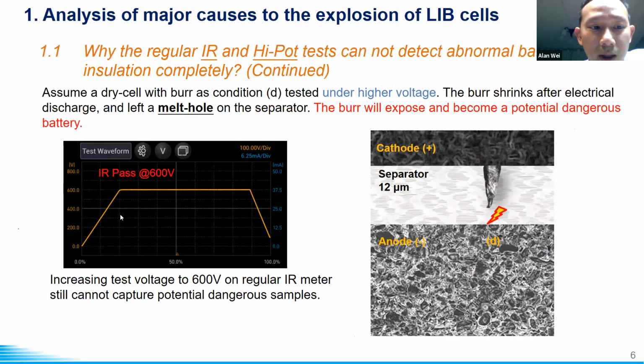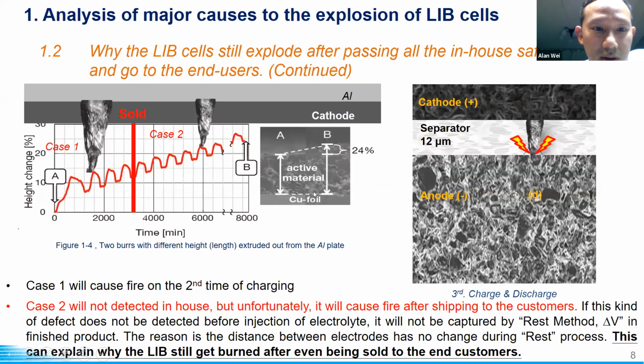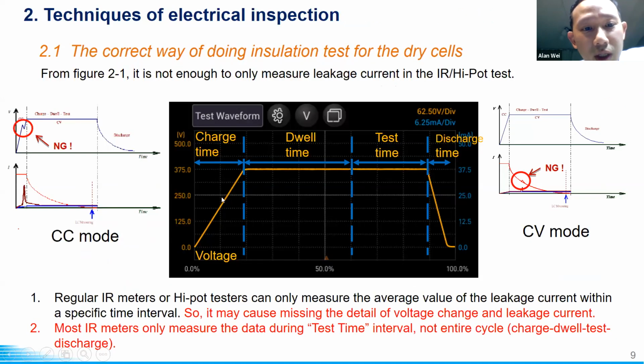And also, if we use constant current with DC, we can monitor and easily capture the faster changing of the voltage and the current.